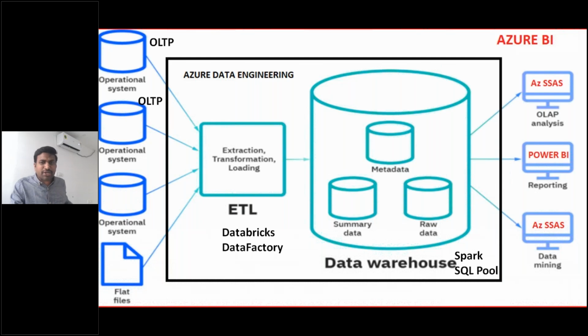Administration varies everywhere; everywhere we have DBA, database administration. Any data has to be administered, right? So we have OLTP, ETL, data warehouse, and Power BI. We have design aspects as well as administration aspects.